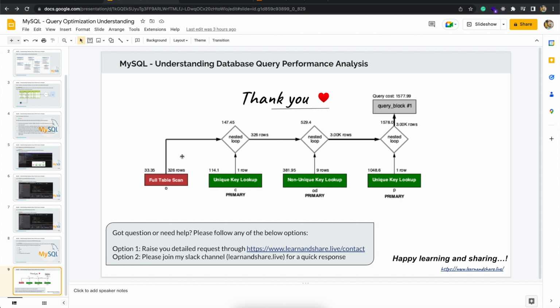The only thing for me was that initially when I started looking at the explain plan output, it was very confusing for me to understand these numbers, why these rows are coming, how these rows are changing from one stage to another stage, right? So these were very difficult to know, but I dove further into the documentation.